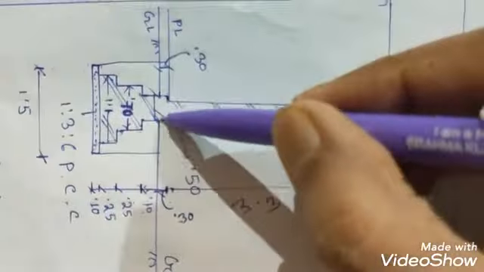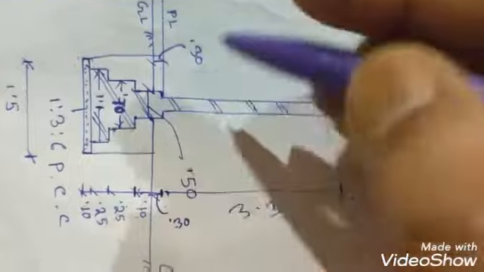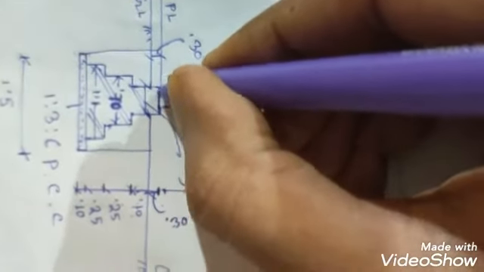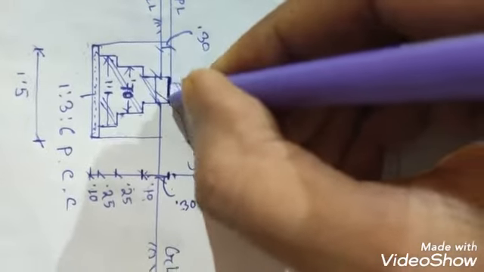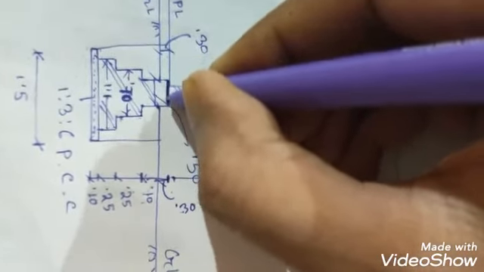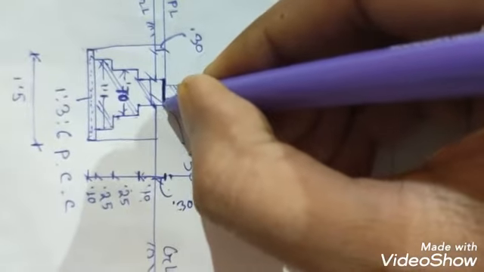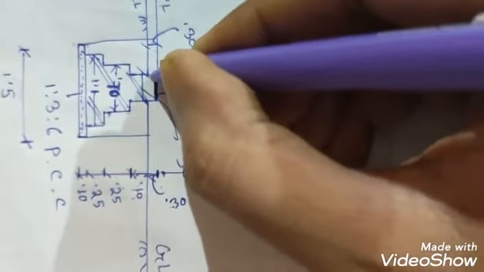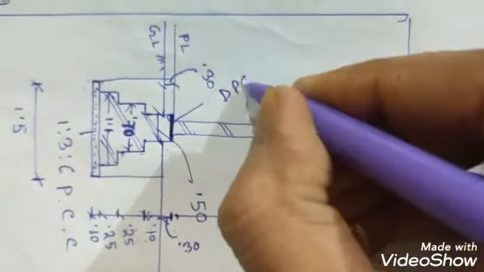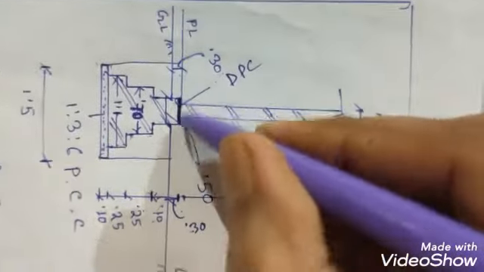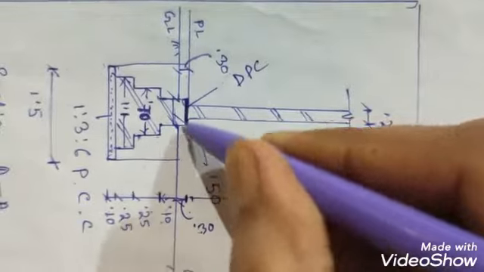What is the breadth of the plinth wall? It is 0.5. So in this position we will apply DPC. The breadth of the plinth wall will be equal to the breadth of DPC. This is the DPC we are talking about. There is a layer of impervious concrete. That concrete layer is called DPC. So the breadth of DPC will be equal to the breadth of the plinth wall. It is 0.5.